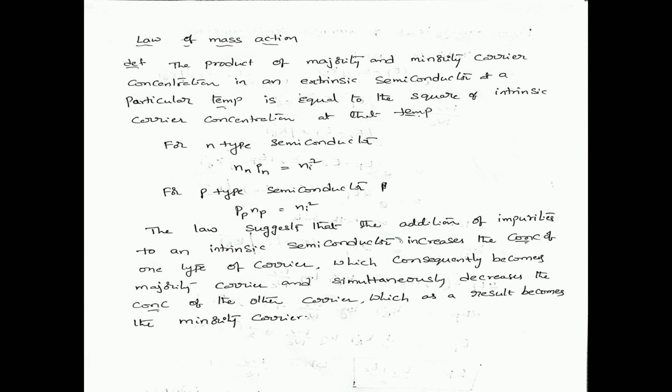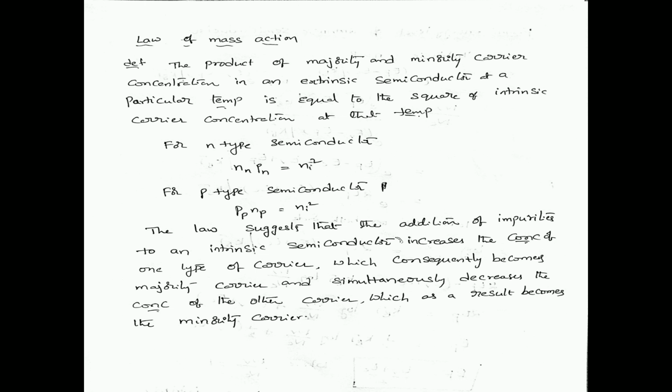The one which increases is called the majority carrier. Simultaneously, the one which decreases is the minority carrier. This is the law of mass action. Mainly, law of mass action means the product of majority carrier and minority carrier concentration is equal to the square of intrinsic carrier concentration. This is a 2 marks question, very important question.